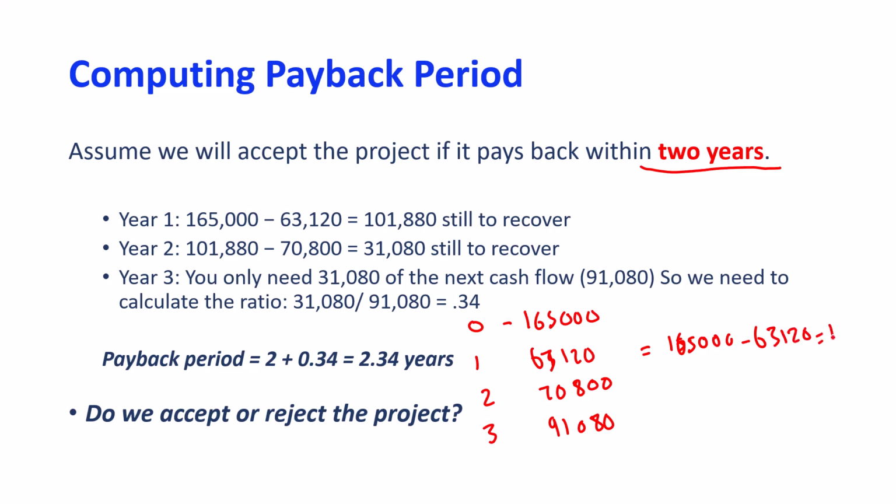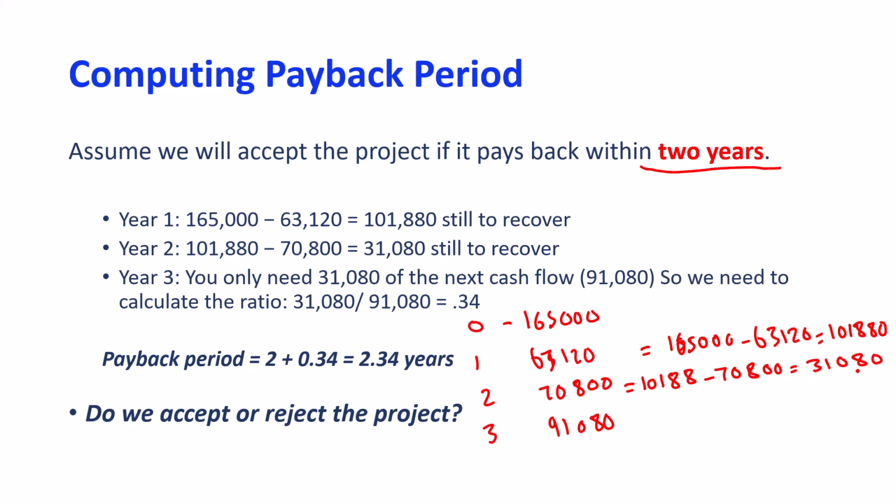This will give you $101,880. You haven't recovered all the costs yet, so we'll keep going. We have $101,880 minus $70,800. Your leftover is $31,080.